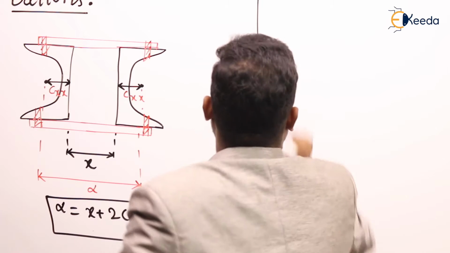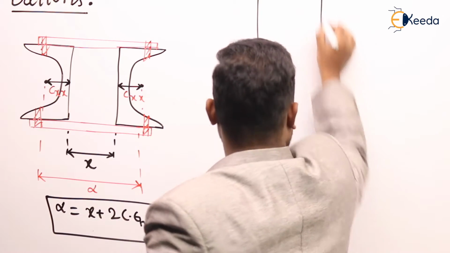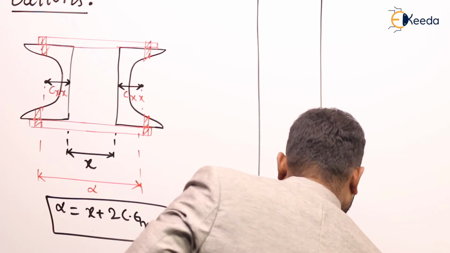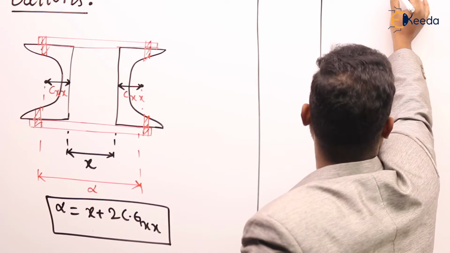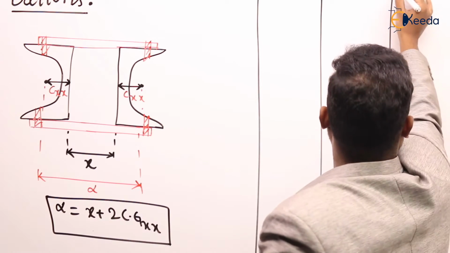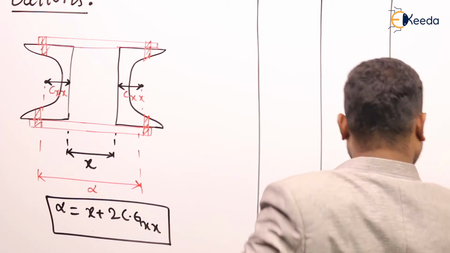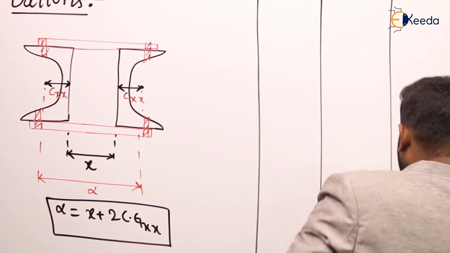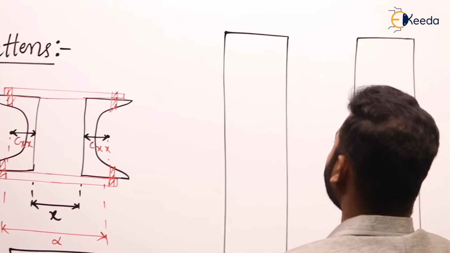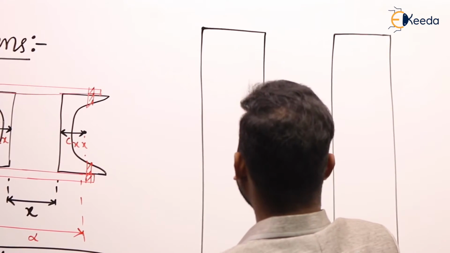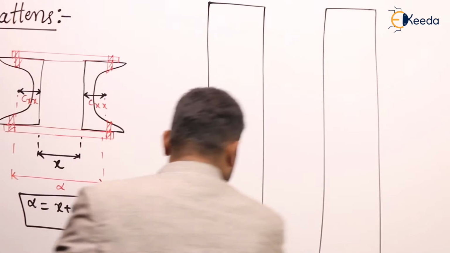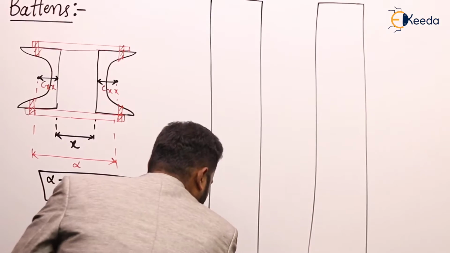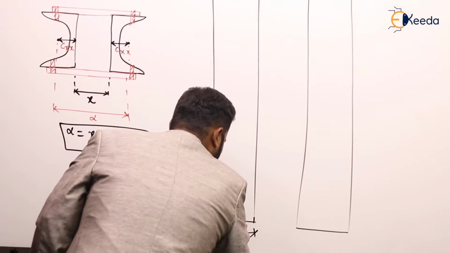This is one flange and this is the other flange. Now I am going to show the width of the flange. This is the width of the flange, which we represent with BF.